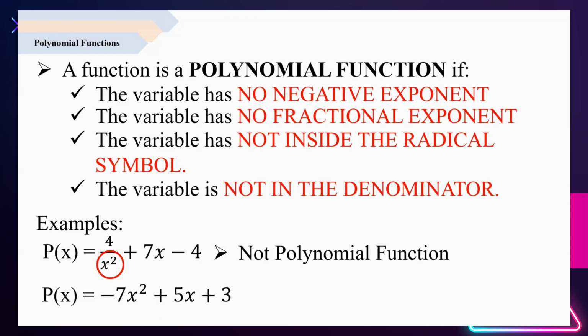Another example, p of x is equal to negative 7x squared plus 5x plus 3 is a polynomial function because wala naman siyang na-violate sa ating mga condition. Walang negative exponent, walang fractional exponent, walang variable inside the radical sign, and walang variable sa ating denominator.